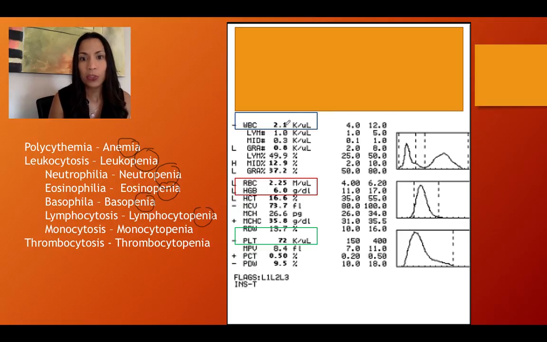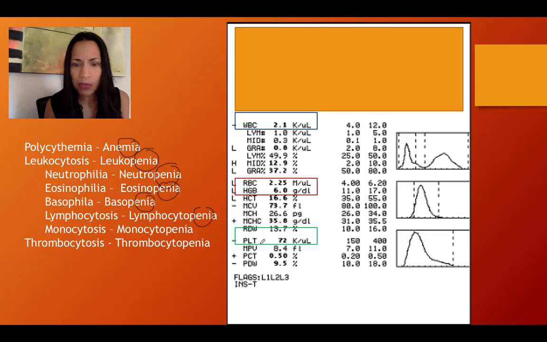Okay, so he has leukopenia. Why? Let's discuss that in class. He has anemia. See, the red blood cells are under 4 million, and the hemoglobin, which we said is around 13, 14 grams per deciliter, here is 6. So he has anemia.